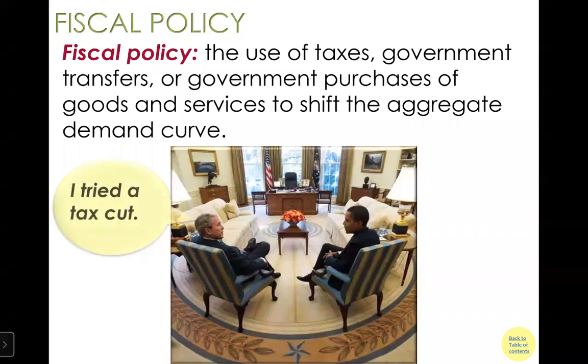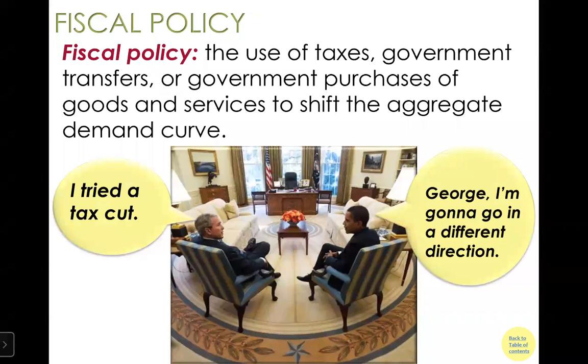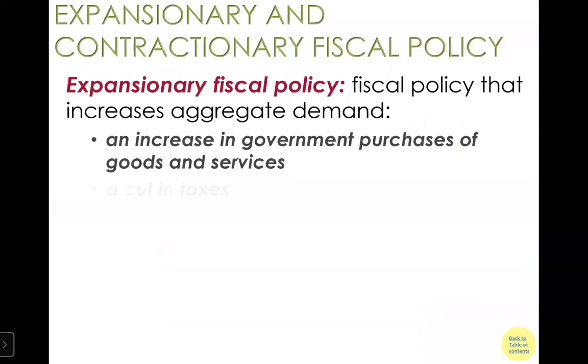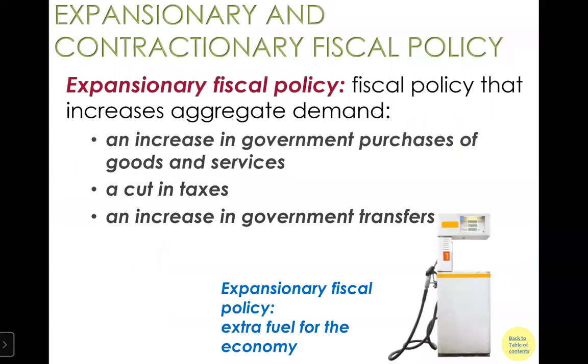Now, we have studied fiscal policy. Essentially, fiscal policy is the use of taxes, government transfers, or government purchases of goods and services to shift the aggregate demand curve, or in other words, to affect aggregate demand, right? And we have looked at two types of fiscal policy, expansionary versus contractionary.